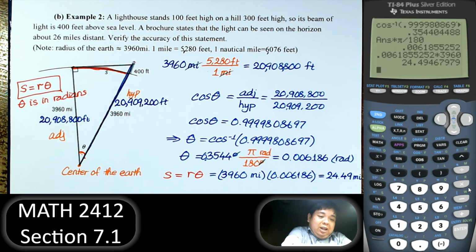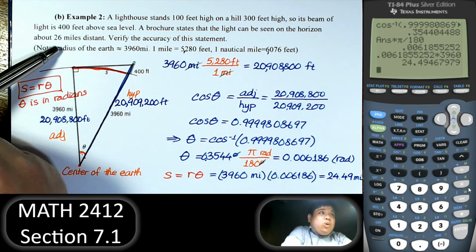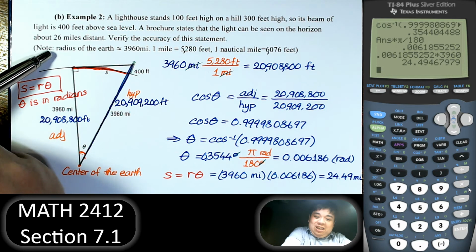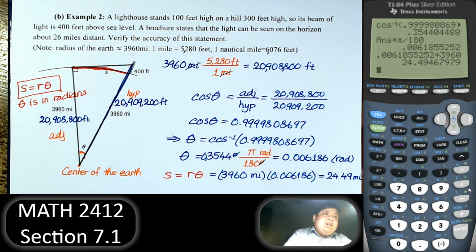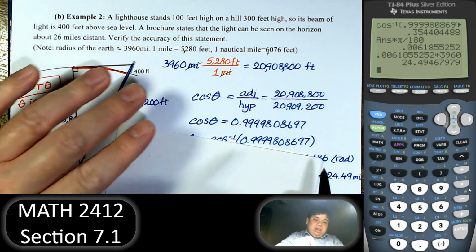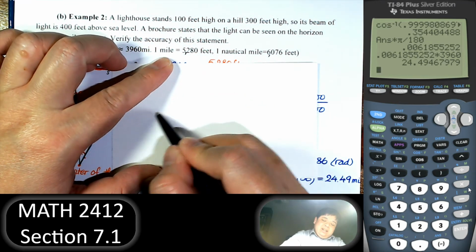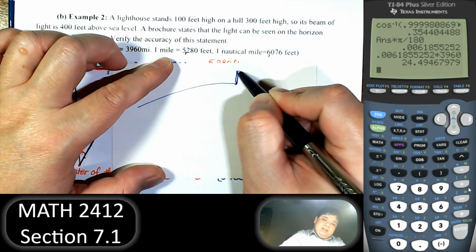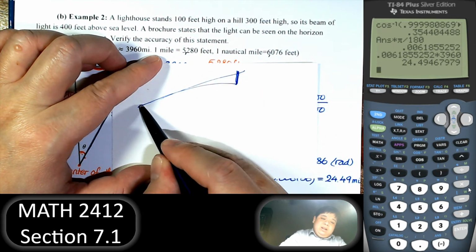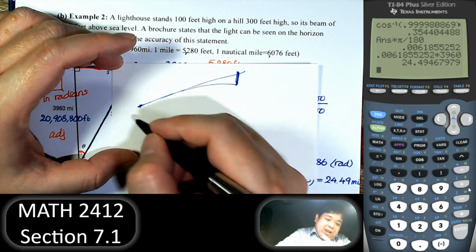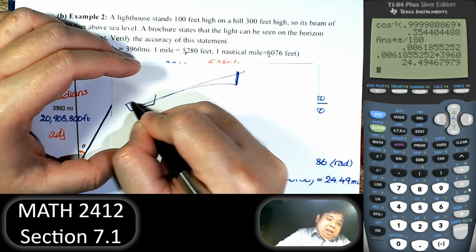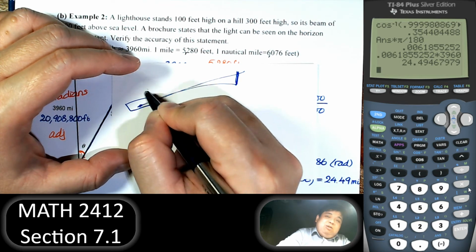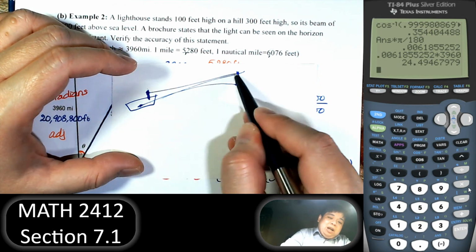Right, so the brochure states that it is 26 miles. Clearly that is a little more than the actual value. But having said that, when we are at a distance away, we're actually not looking from the surface of the sea, right? Even though this is the Earth's surface, the line out here, of course we don't see from the surface. We assume that we are on the boat, with a little height from the sea level, and from that point we look to the lighthouse.